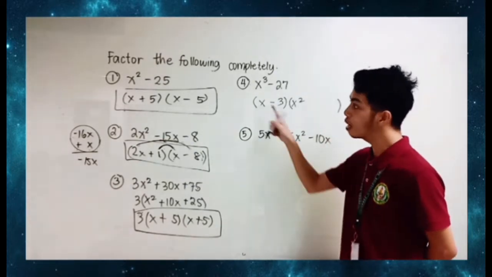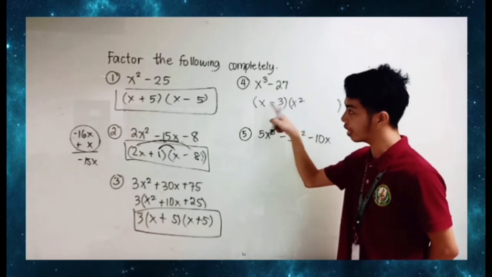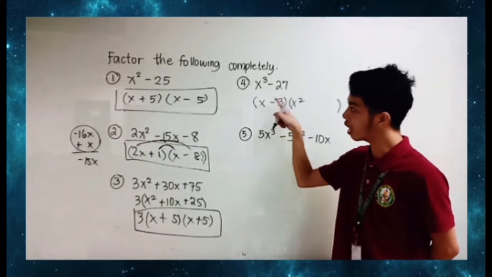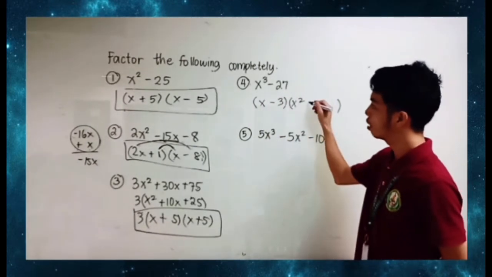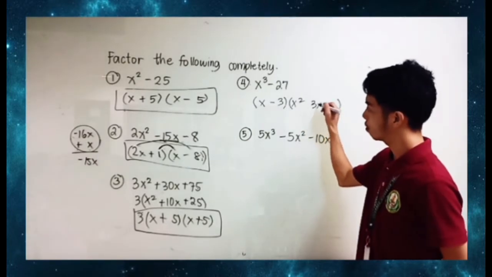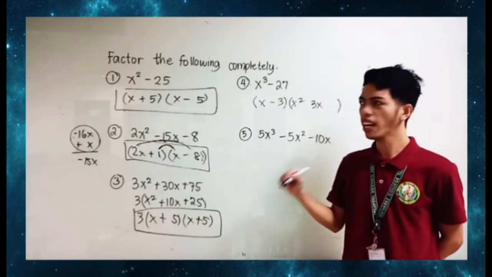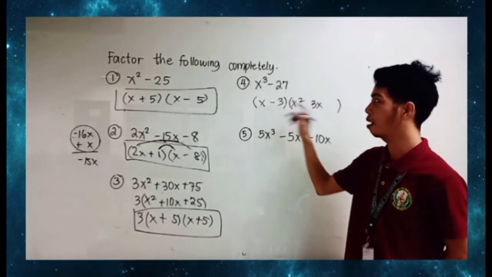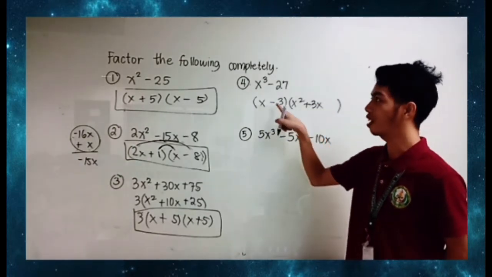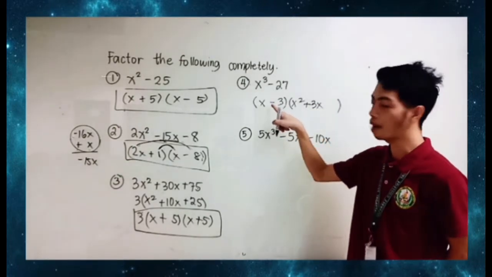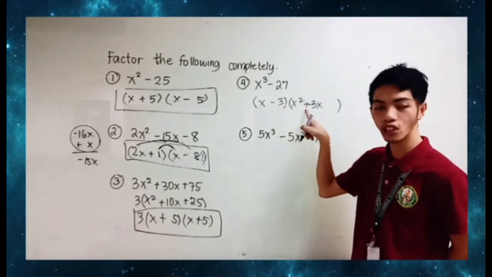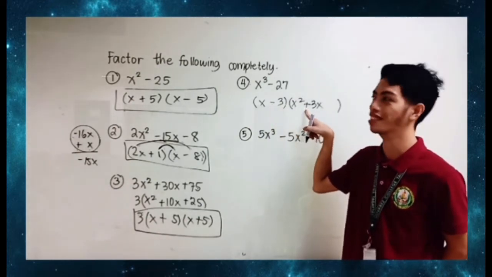Yung second term, ipag-multiply mo lang si 3 at x. Okay? So, 3 times x, you have 3x. Eh, ano magiging operation niya? Plus. Okay? Dahil negative dito, o minus dito, ang magiging operation ng gitna nito ay plus.